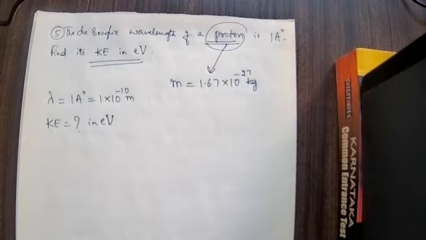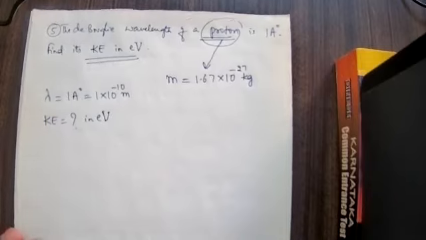Yes. How are we going to start? Lambda is equal to h divided by mv. Using that, we can calculate kinetic energy in terms of joules.